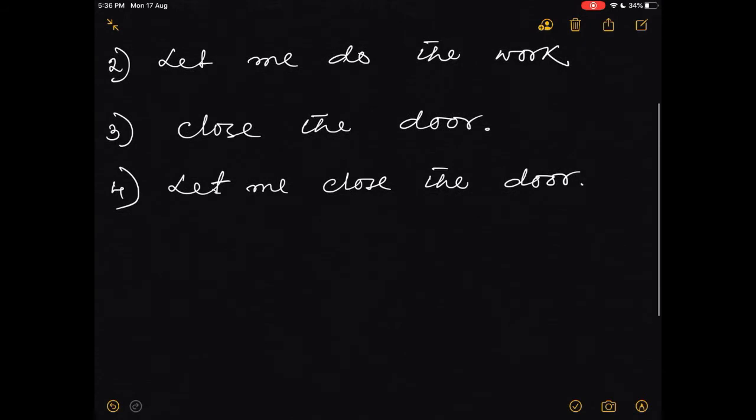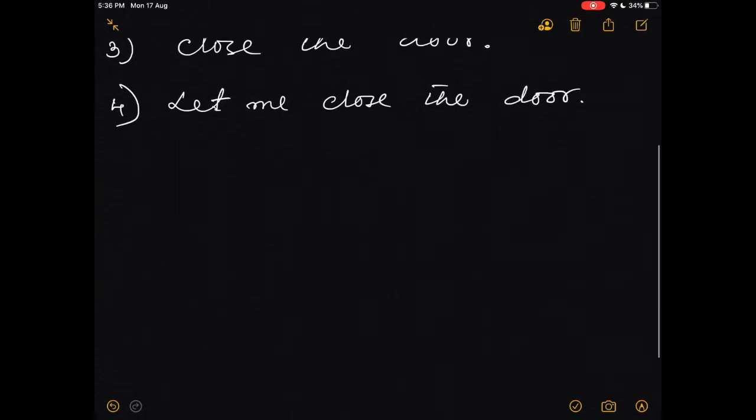To change these imperative sentences from active to passive, use one syntax. That is syntax number 1. What is the syntax?